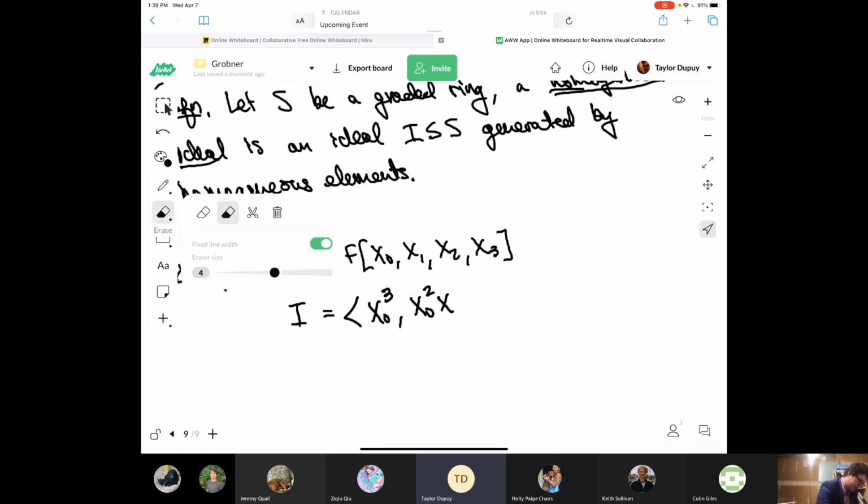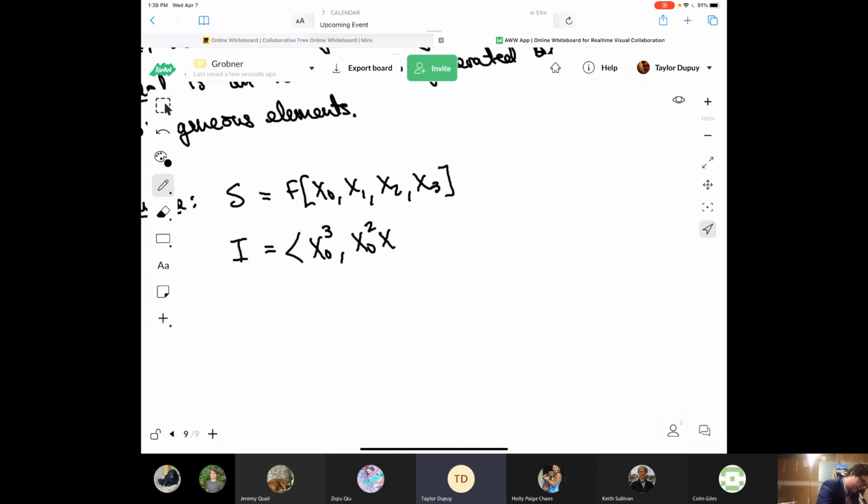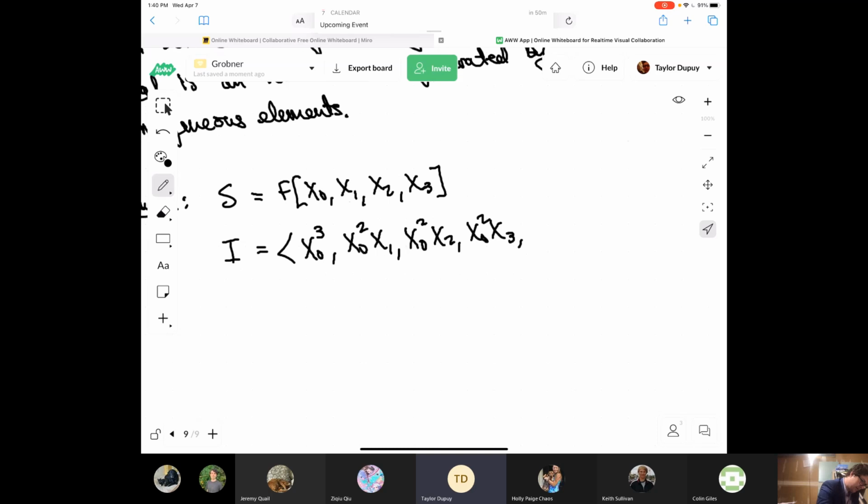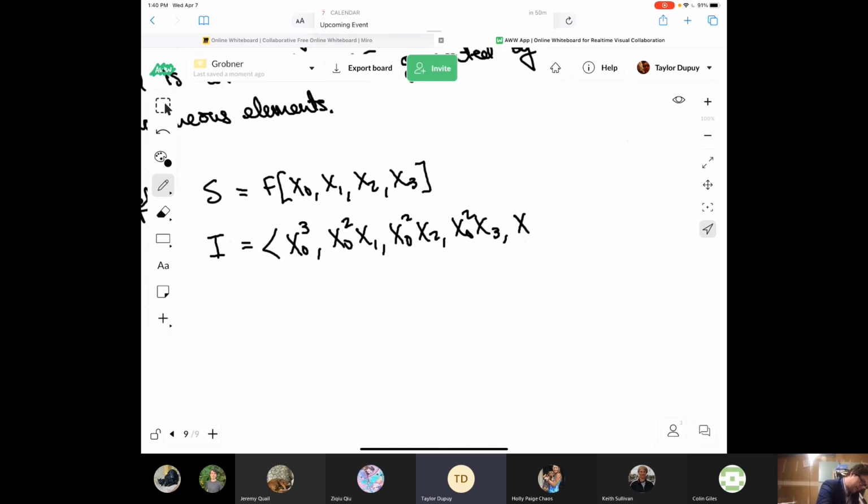Let's just do ones of degree 2, huh? Oh, let's see. Let's do this. x0 cubed, x0 squared x1, x0 squared x2, x0 squared x3, dot dot dot.